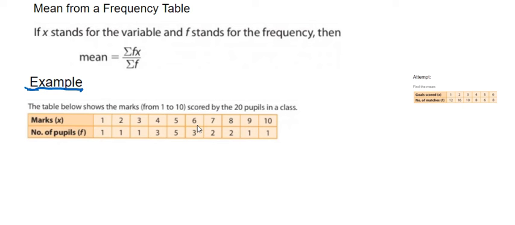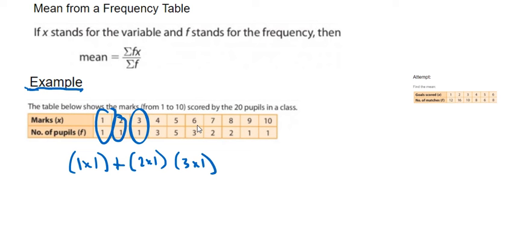On the top line, I'm going to do 1 multiplied by 1, and then I'm going to add on 2 multiplied by 1, and then add on 3 multiplied by 1, and then add on 4 multiplied by 3, and we're just going to keep going. So add on 5 multiplied by 5.